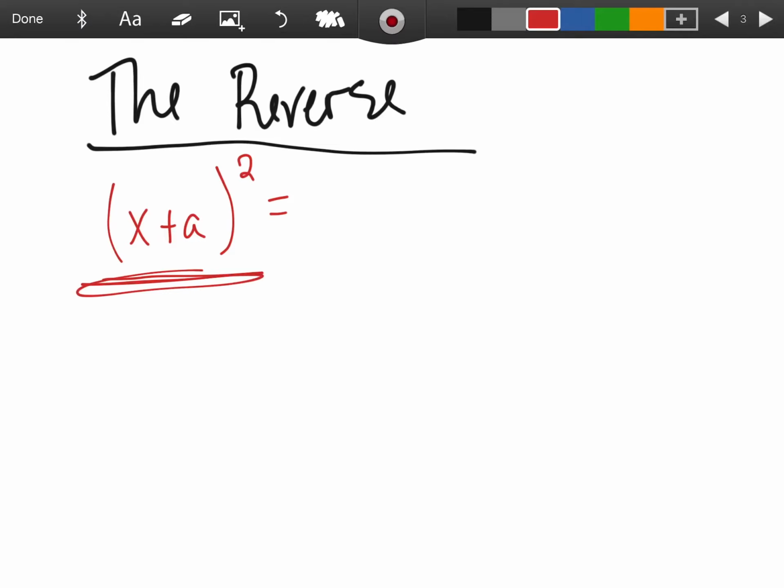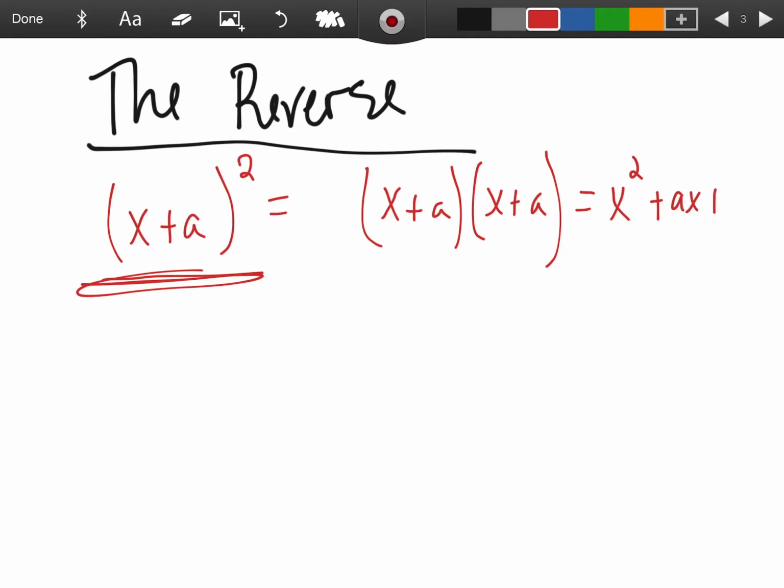If we have x plus a squared, that's the same thing as x plus a times x plus a. And if we FOIL that out, that's x squared plus ax plus ax plus a squared.